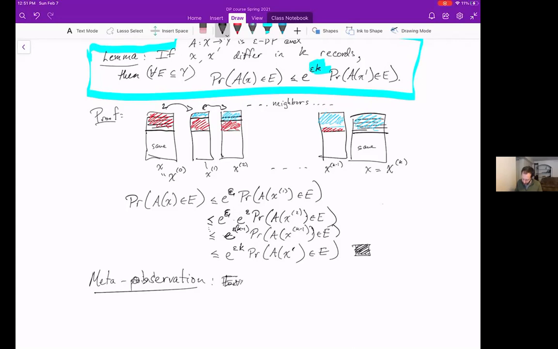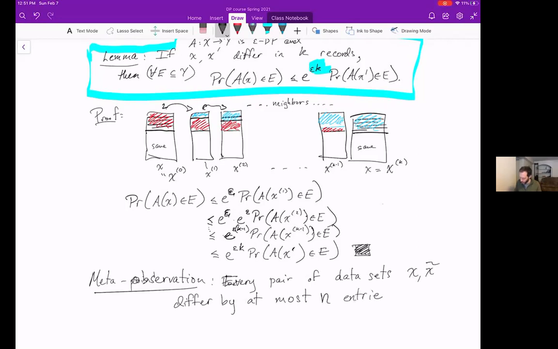Every pair of data sets, let's say x and x tilde, differ by at most n entries.